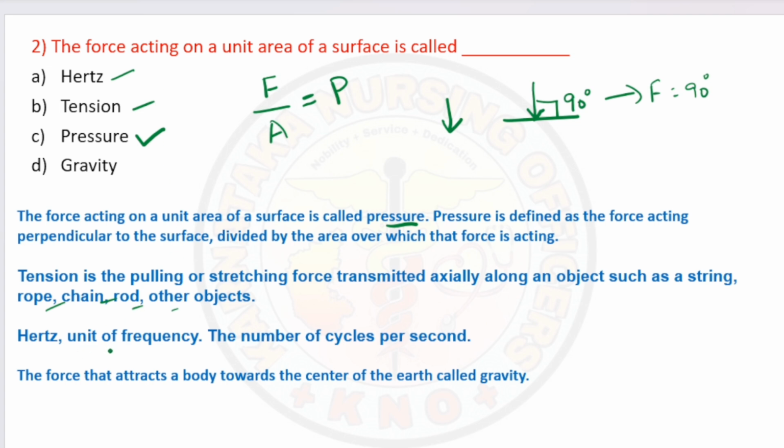Hertz is the unit of frequency, right? So what is frequency? Frequency is the number of cycles per second, and the unit of frequency is defined by hertz. Next, last one is gravity. What is gravity? It is the force that attracts a body towards the center of earth is called as gravity.